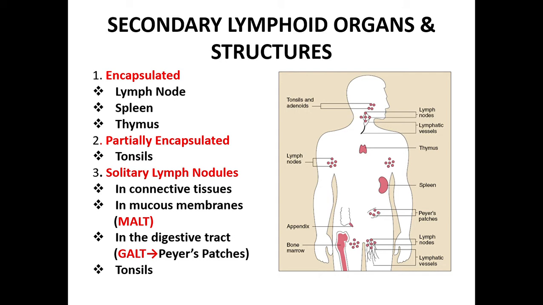And those which are partially encapsulated structures, we have the tonsils, and without the capsule, we have the solitary lymph nodules found in connective tissues, found in the mucous membrane of the body, and also found mostly in the digestive system, and we have the tonsils.